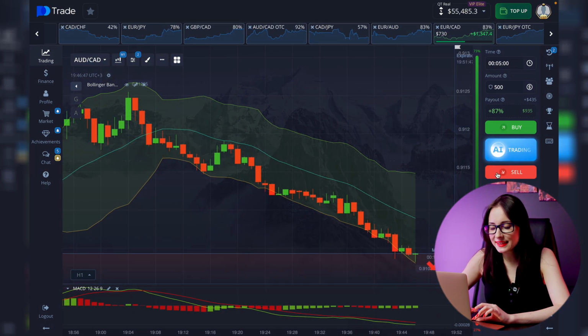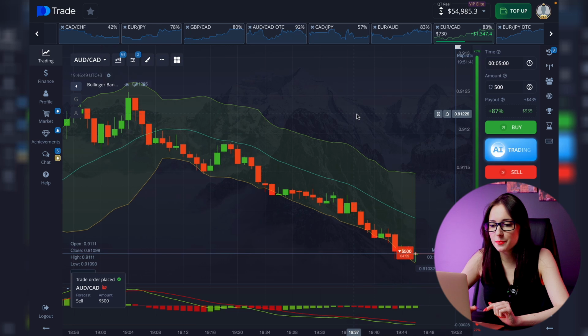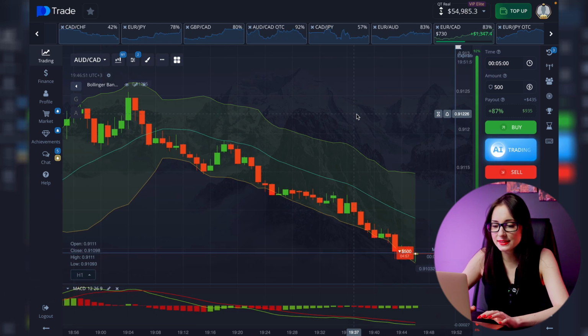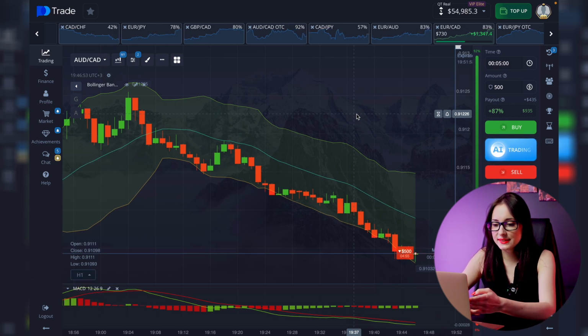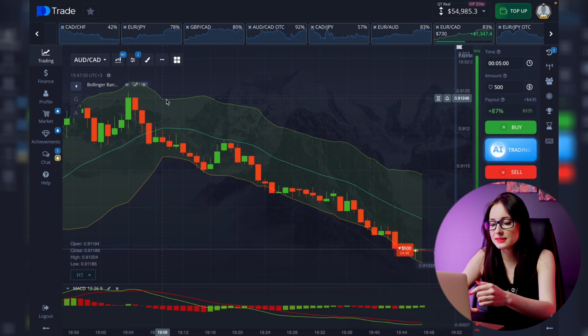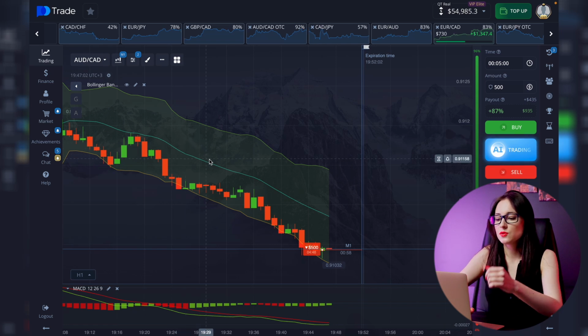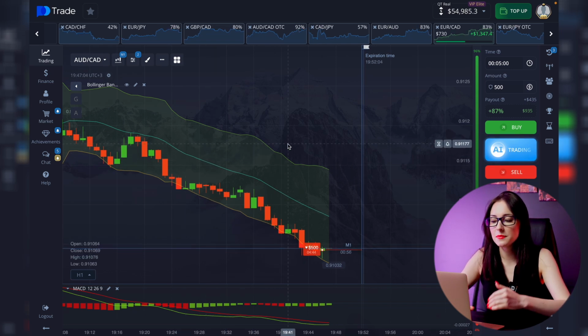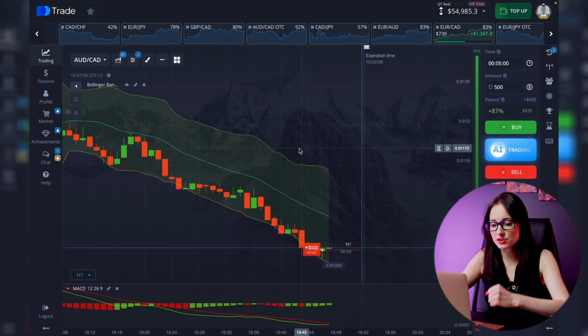And still here, I see that the situation remains. So still Australian and Canadian dollar. Already seen here that once the price touched the upper band, of course, a reversal and the price continues to decrease, to pull back for a long time, saving the situation in a strong position.